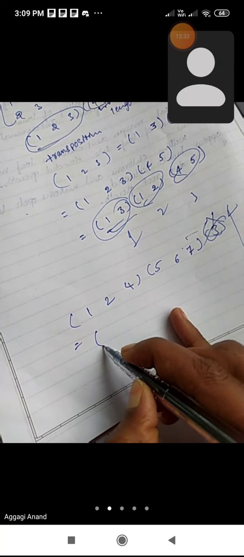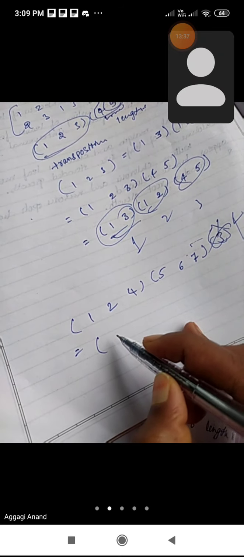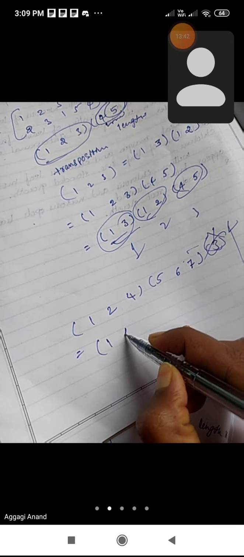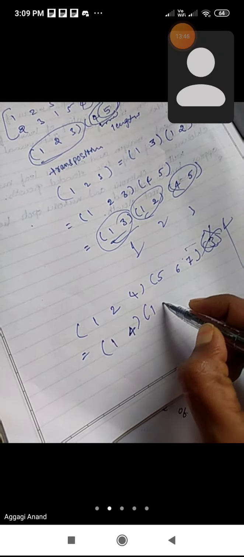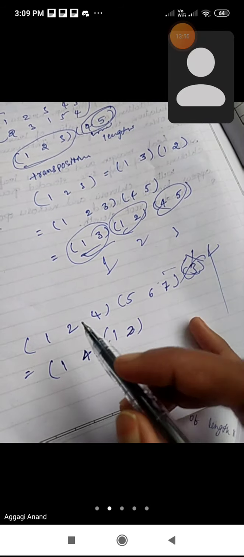Next, write down the transpositions. What we will get? (1, 4), next (1, 2). Okay.